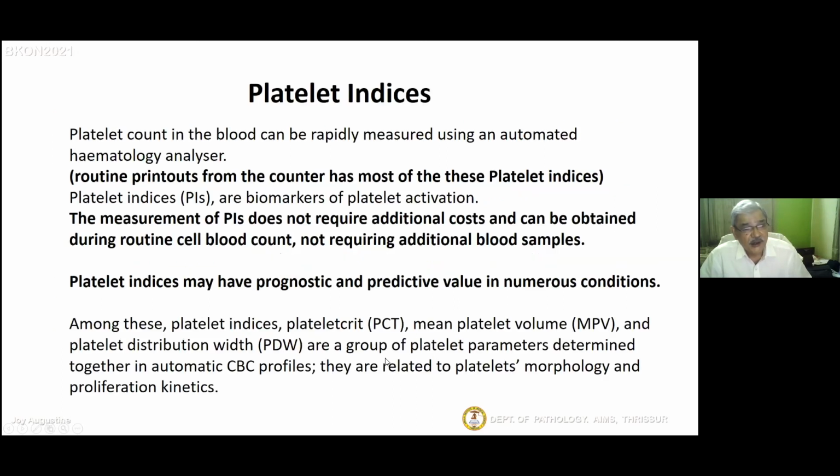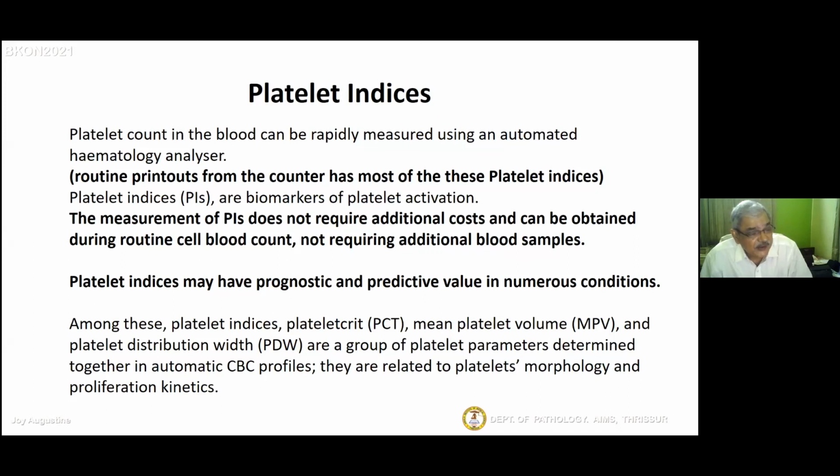Now we come on to the platelet indices. As we all know, platelet count can be rapidly measured using an automated analyzer. Unlike the manual count, it takes very little time. Routine printouts from the cell counter will show most of these platelet indices.